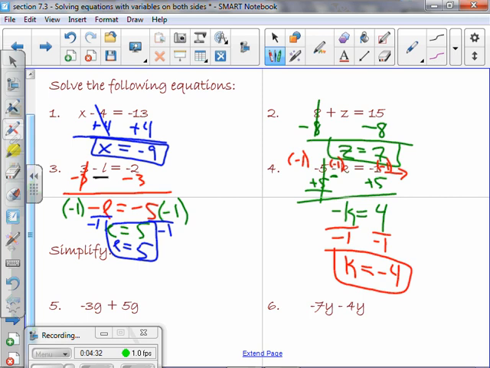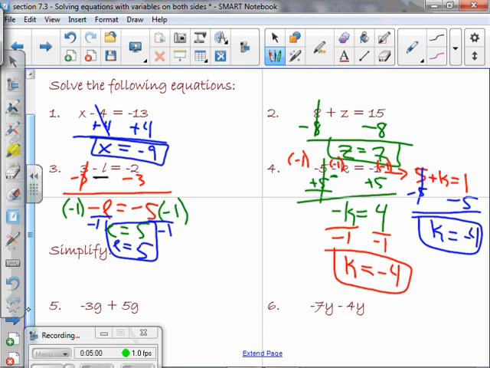I'd get 5 plus k equals 1, and that might be a little bit easier to solve. Let's just check it real quick. Minus 5, k equals negative 4. I get the same thing. So that might be a little bit easier. If you see a whole bunch of negatives, you can multiply everything by negative 1, and all of the terms that were negative would become positive, and all of the terms that were positive would become negative.